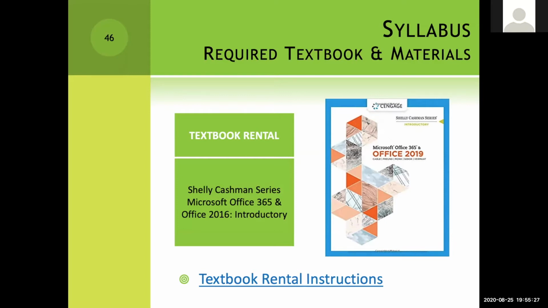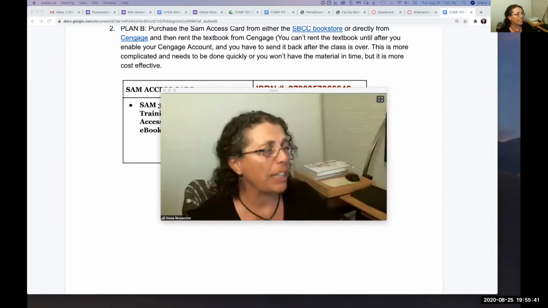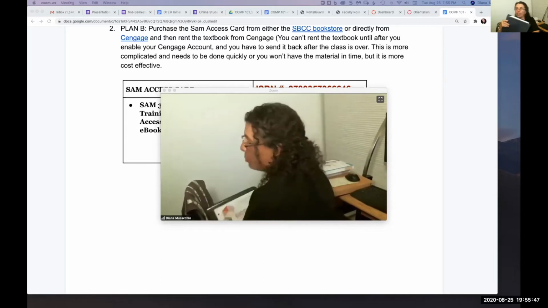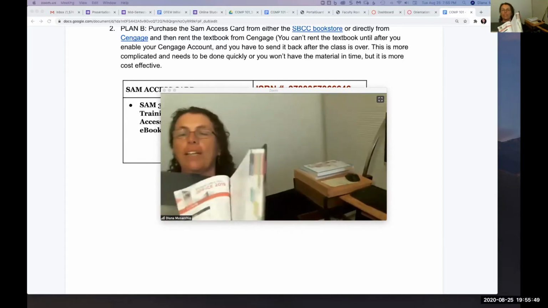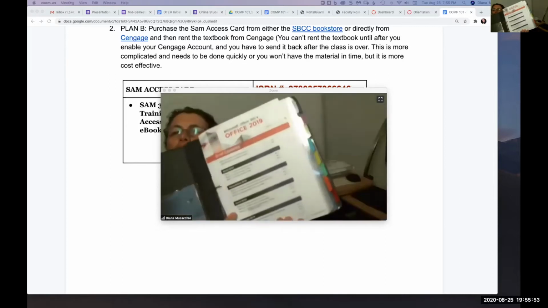So I have a question. If we go online and we buy the book with this code, the bundle, is it gonna be a textbook or is that gonna be an ebook? It's gonna be a textbook. If you buy the bundle, you'll get a little package ready for you to put in a binder.